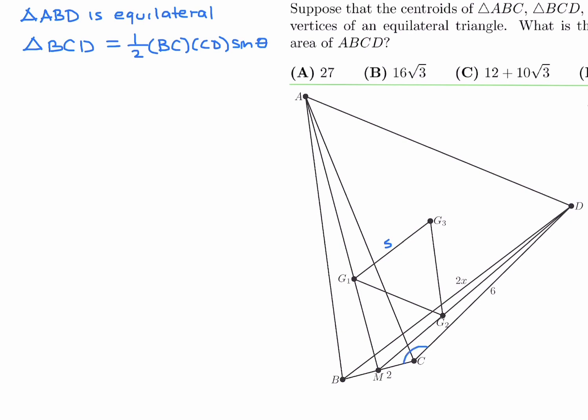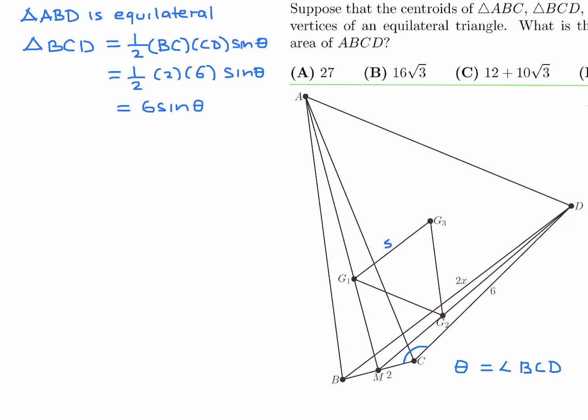I'll just write it out here that theta is angle BCD. Okay, the question stem told me the values of BC and CD, 2 and 6. So this just becomes 6 sine theta.